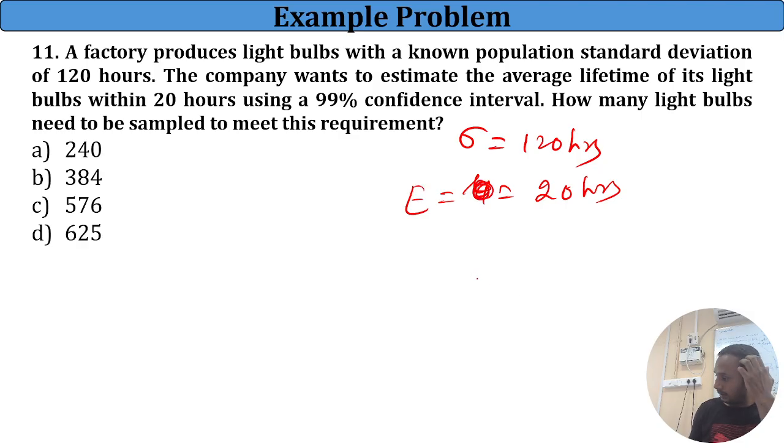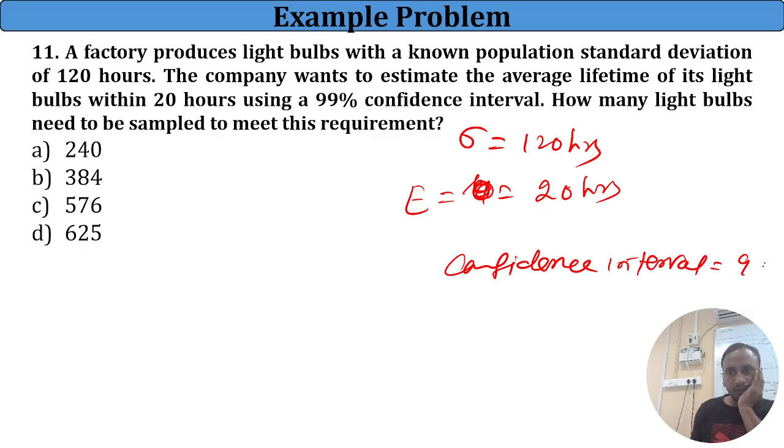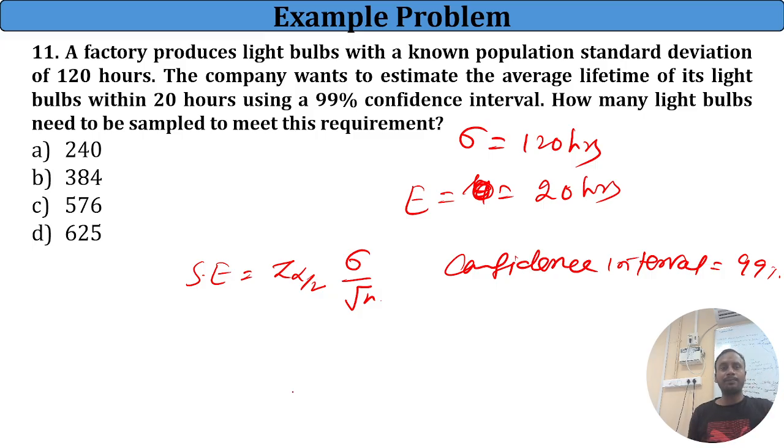And the confidence interval, how much do they have? 99%. We know the formula of standard error is z of alpha by 2 sigma upon root under n. Is it? Yes, sir. So we can calculate the n.